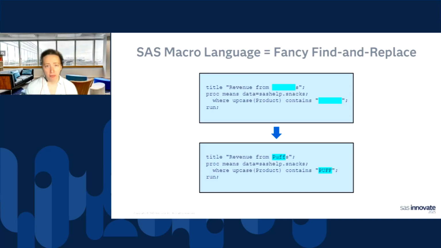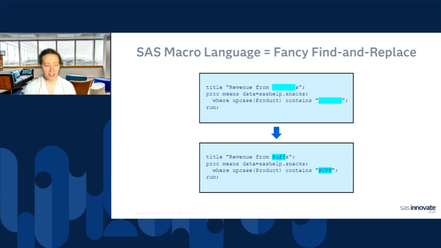So we could set up a program with a title statement, revenue from something, and then that blank gets replaced with puffs. I like to explain the SAS macro language as fancy find and replace. For a while, I just said it's find and replace, kind of like in a word processor.